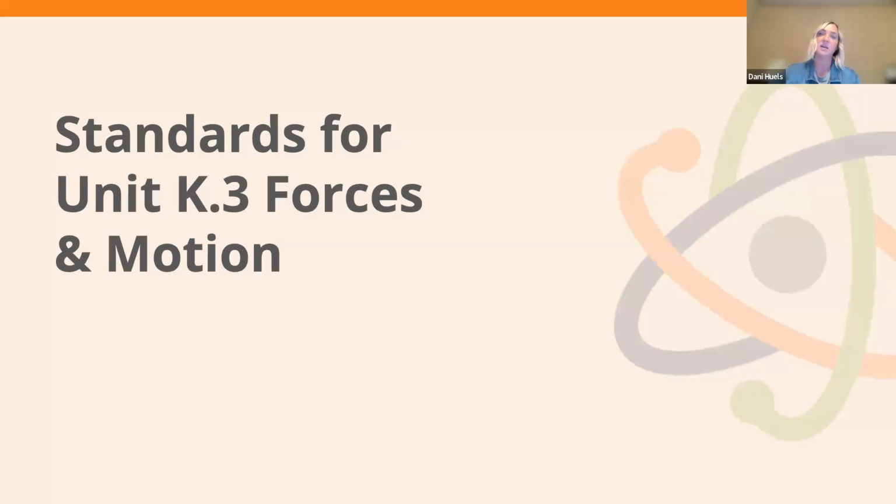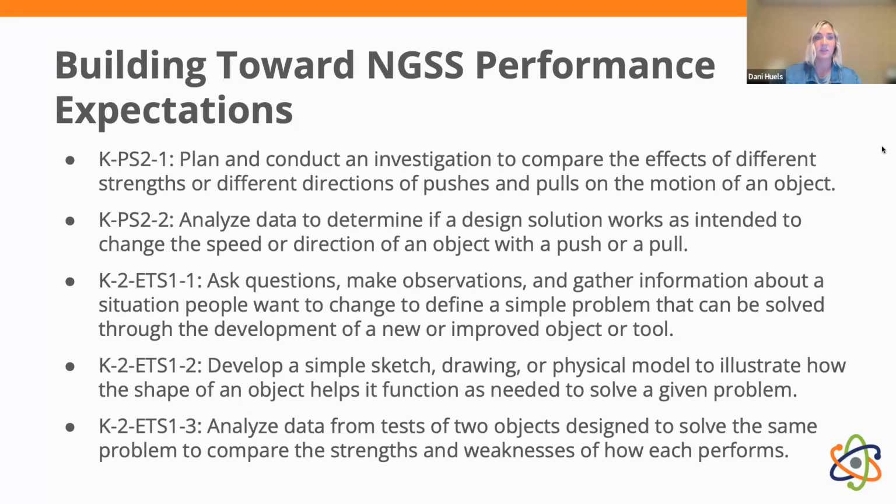So let's take a look at the standards that this unit addresses. These are the key performance expectations for forces in motion that guide the learning throughout the unit. We have the physical science performance expectations.